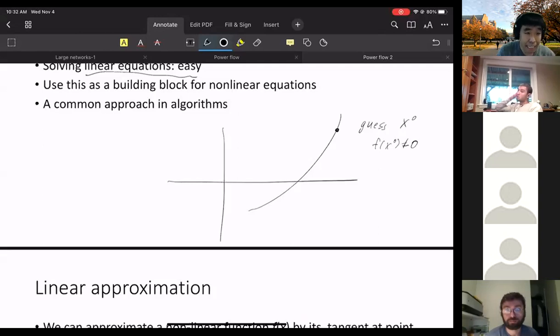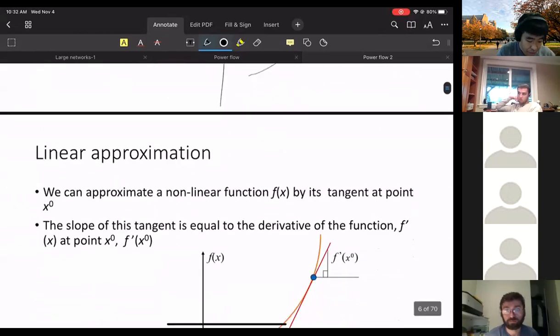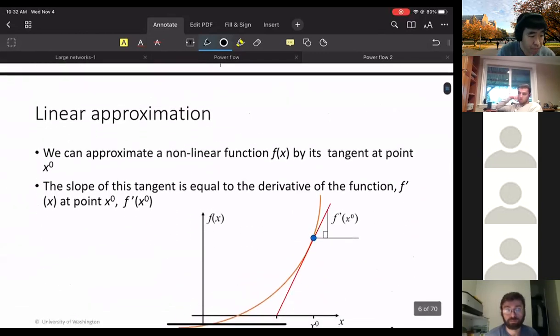But even this guess gives me some information. Because if I guess at this point, I can figure out a linear approximation of the function at this point. So I use a tangent to approximate the function I want to solve. And then I draw a tangent.